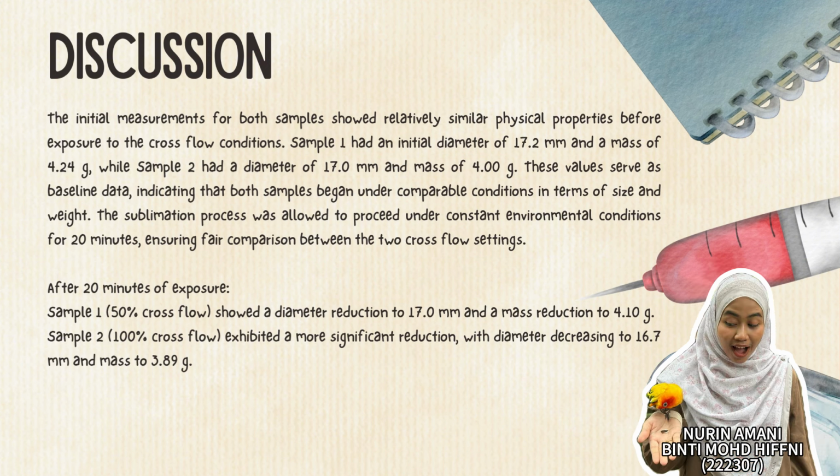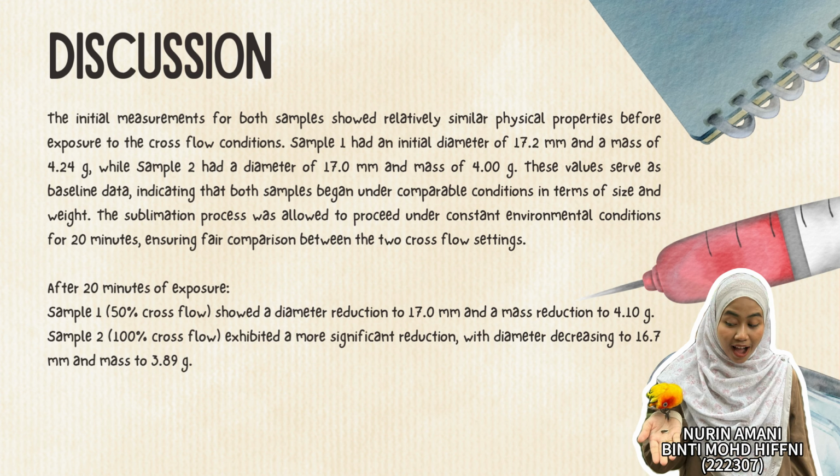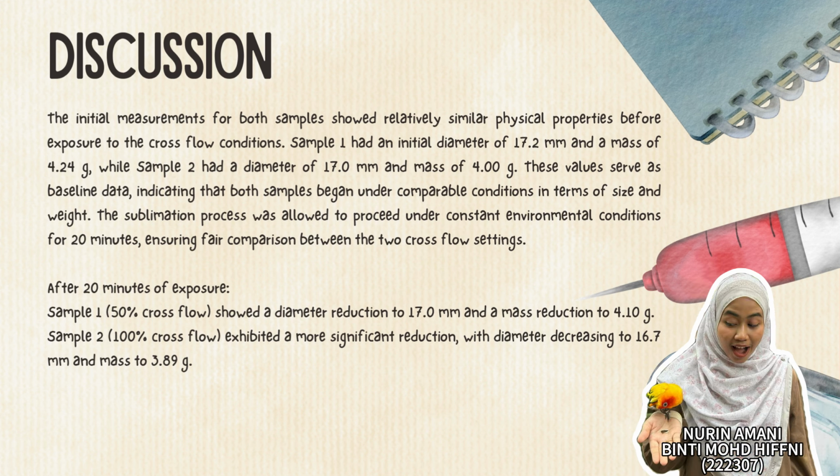Hi, I'm Noreen, so we're going to talk about the discussion for the lab. The initial measurements for both samples show relatively similar physical properties before exposure to the cross-flow conditions. The process was allowed to proceed under constant environmental conditions for 20 minutes, ensuring fair comparison of the two cross-flow settings.